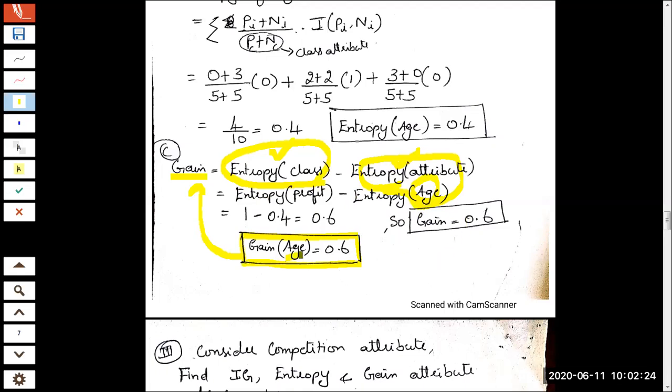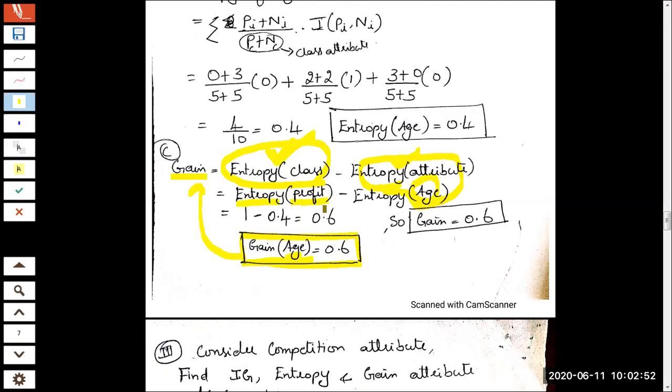Next, what do we need to do? If you want to arrive at the gain of age, you need two values: the overall entropy of the class, and the entropy of age. This is our requirement. So we should compute the entropy of a class. What is the name of the class? That is the entropy of the profit class.